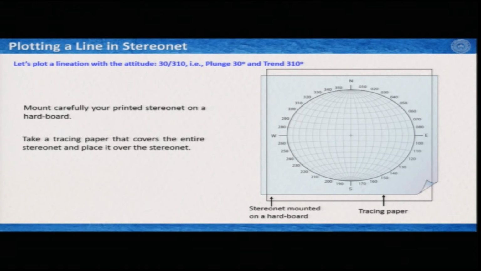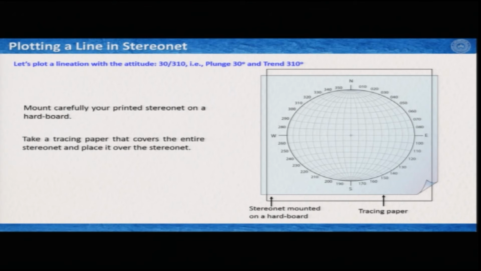To plot this data, you need a stereonet. You can download it from the internet, but be sure that you are downloading an equal area stereonet, and if you can't find one, you can write to me or ask any of the teaching assistants, and they can help you. Once you have downloaded this stereonet, you print it keeping the aspect ratio constant and mount it carefully on a hardboard.